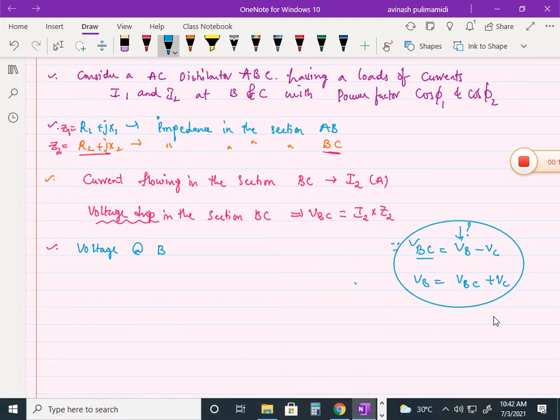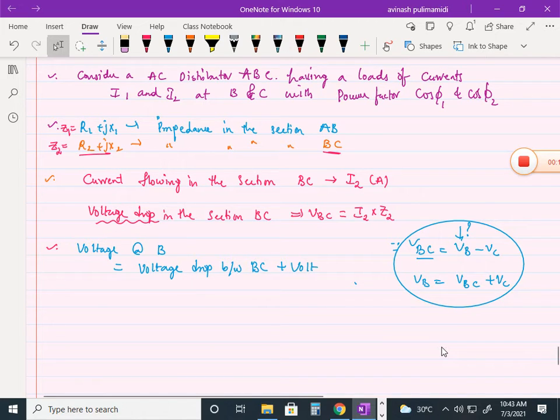Okay. So how to find the voltage at B? Voltage at B is nothing but the BC voltage plus the VC voltage. That implies the voltage drop between B and C plus the voltage at C. The voltage drop in BC is I2 into Z2.